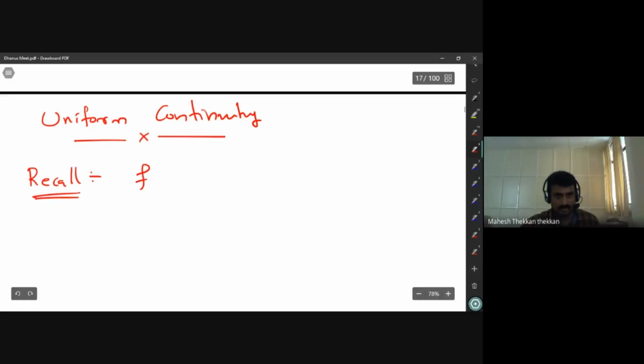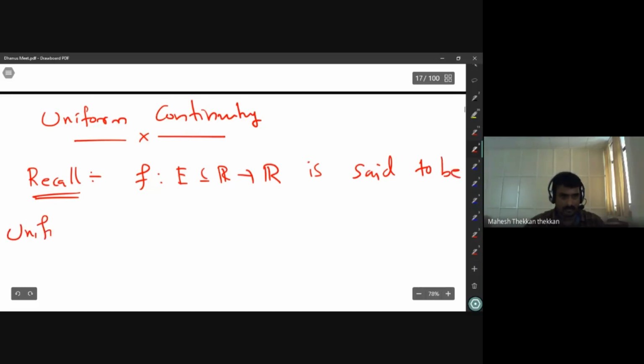You have a function f from E, a subset of R, to R, and f is said to be uniformly continuous on E.